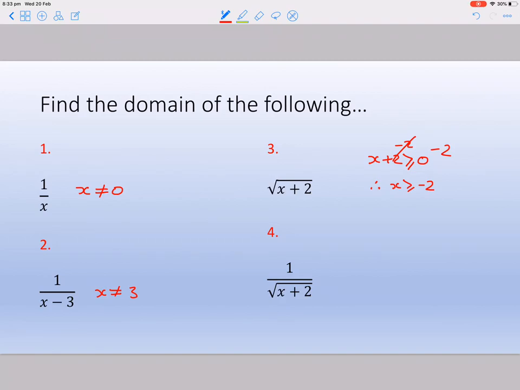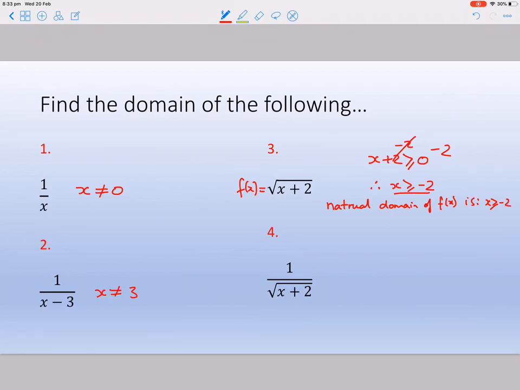So I can write the natural domain of f of x is x is greater than or equal to negative 2.